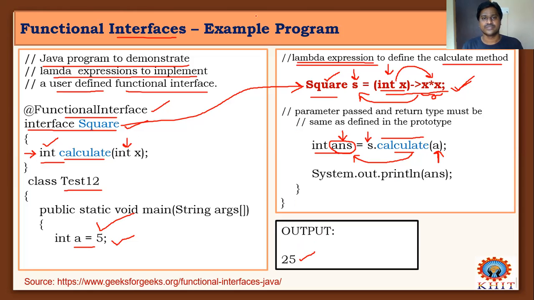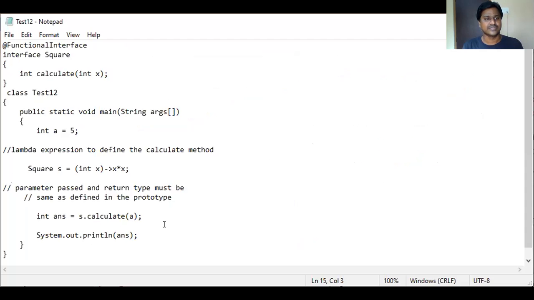So let's go and execute this one. This is the same program we have taken: interface Square, calculate method, Test12 class, this is the lambda expression, and this is calling the calculate method through the reference of the Square interface.